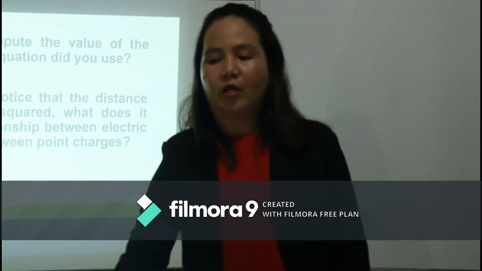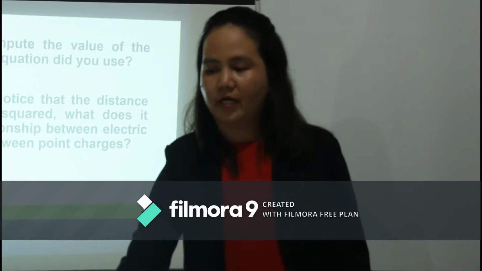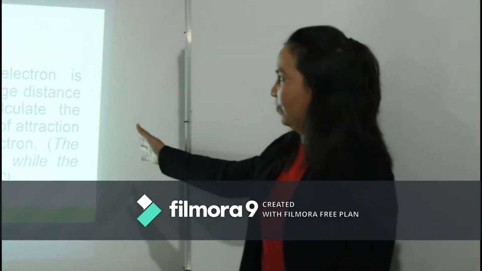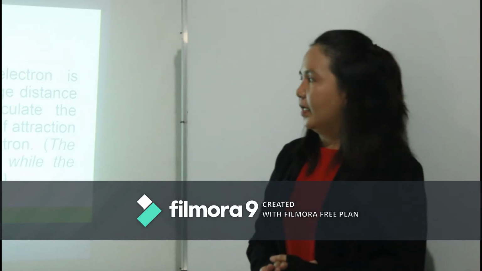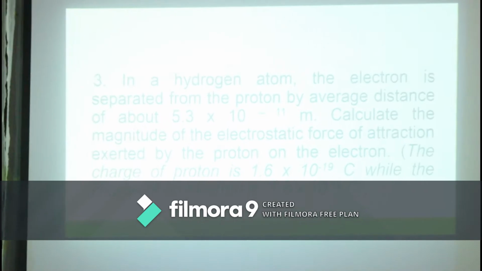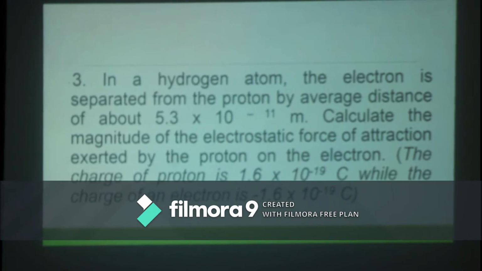Now, using the equation that you have derived in question number 1, I want you to solve this problem. In a hydrogen atom, the electron is separated from the proton by an average distance of about 5.3 times 10 raised to negative 11 meters.